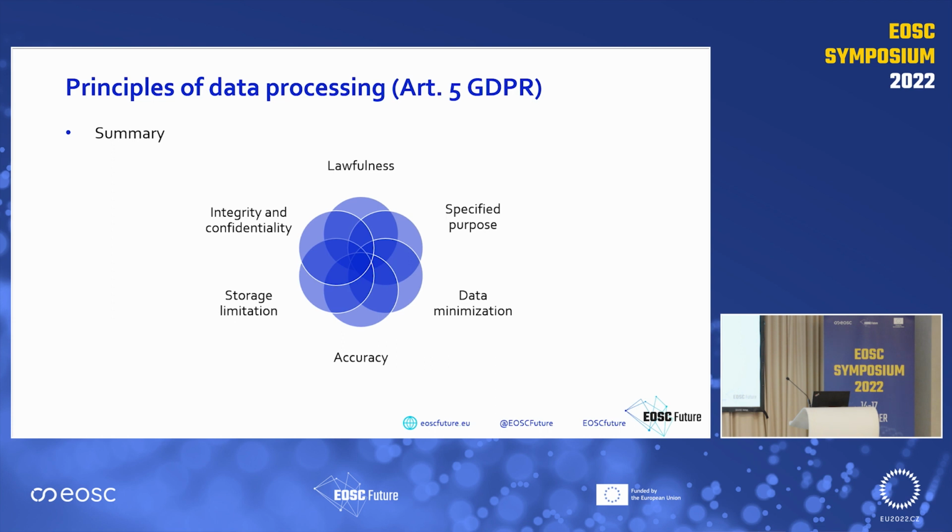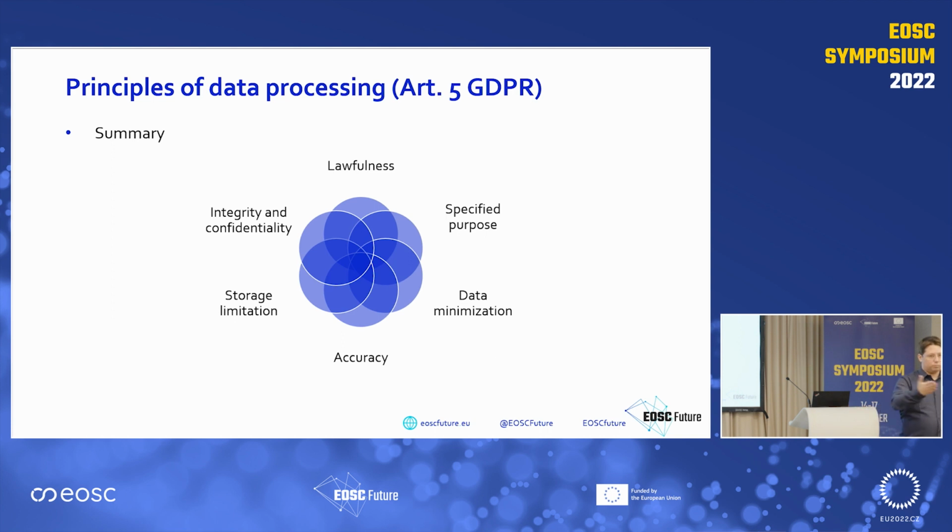Integrity and confidentiality is a little bit comparable to accuracy, especially integrity. Confidentiality means that whenever data are processed, this has to happen in a confidential way, in the sense that nobody gains access to personal data who is not required to have access in the context of the given purpose.